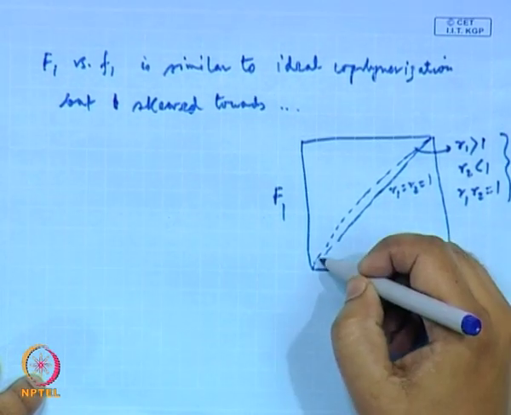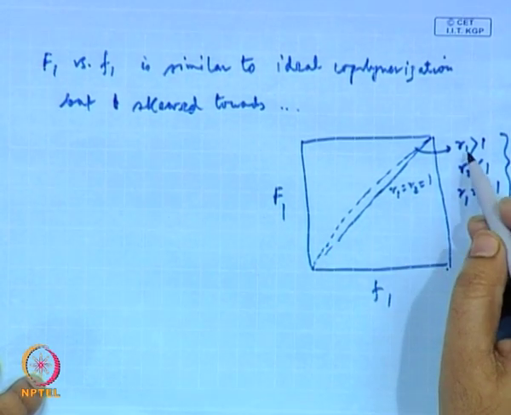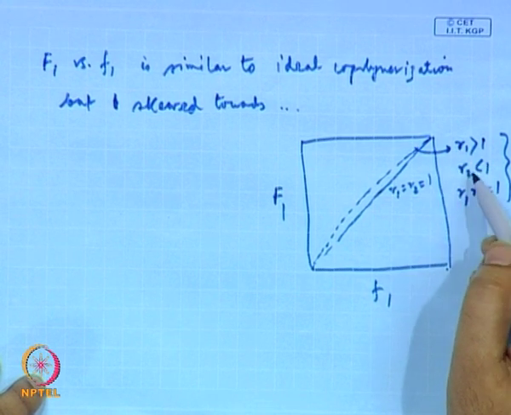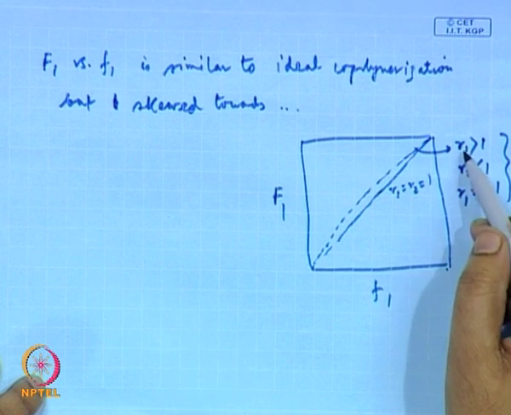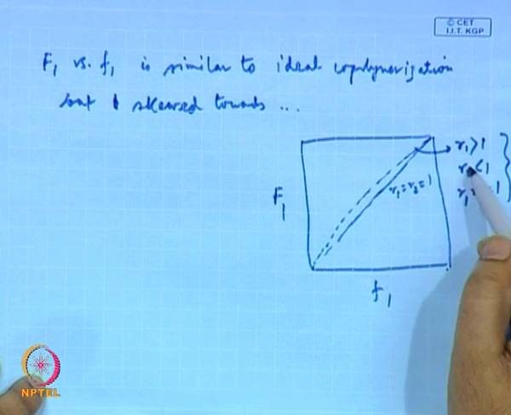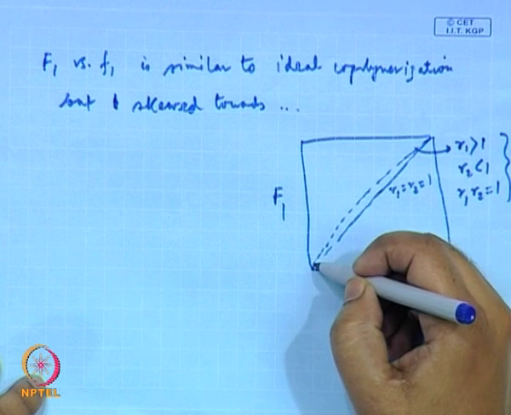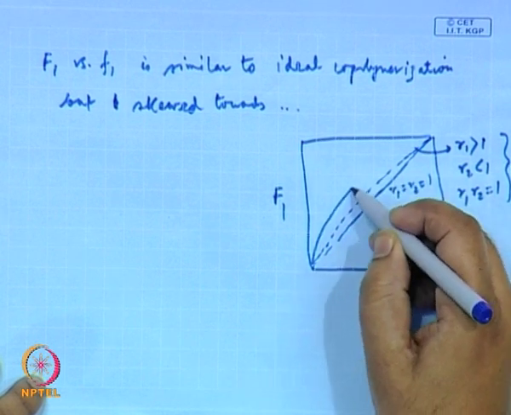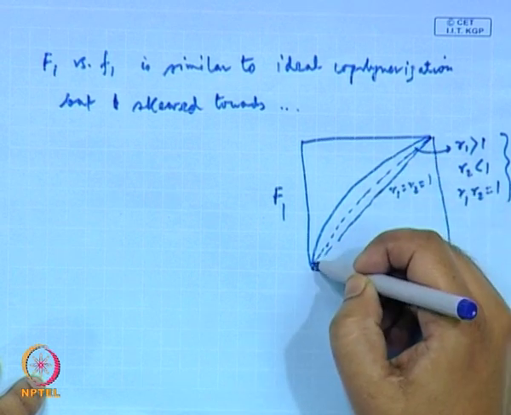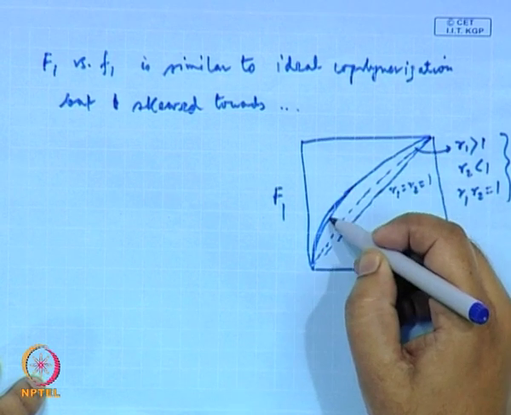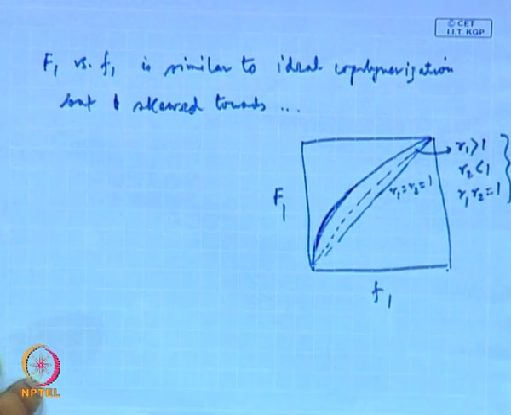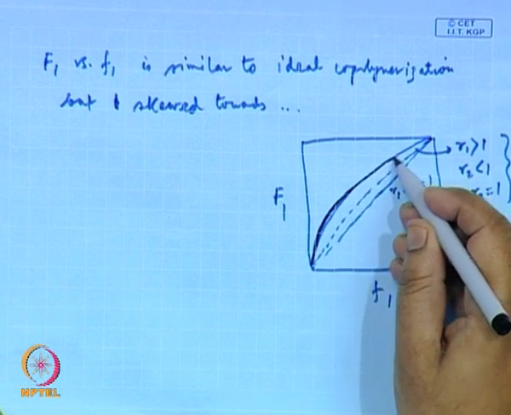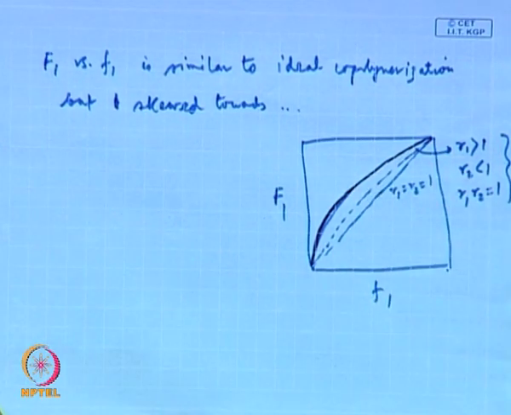Now, if this is not equal to 1 and if M1 is the more reactive monomer compared to M2, then it will be skewed. This was for ideal, then this will be skewed towards the more reactive monomer.